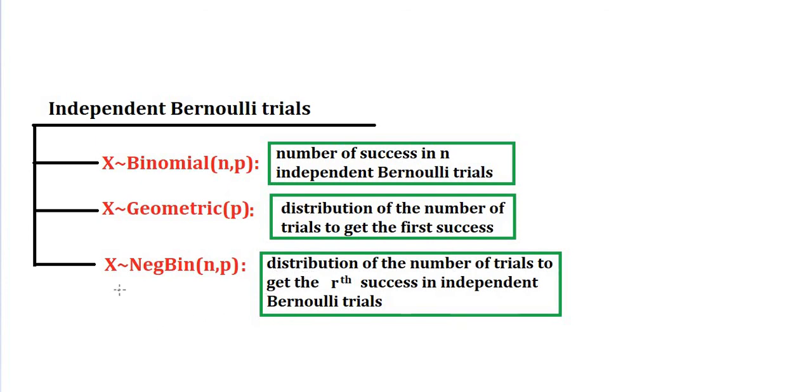And the negative binomial random variable is the distribution of the number of trials to get the rth success in independent Bernoulli trials. So here our keyword is that all Bernoulli trials have to be independent. Like when you're tossing a coin 10 times and each trial is independent.